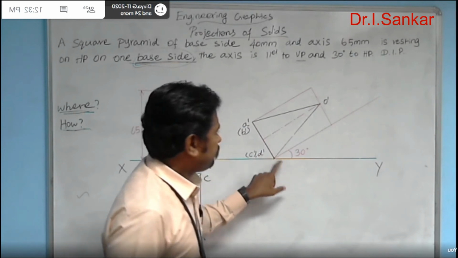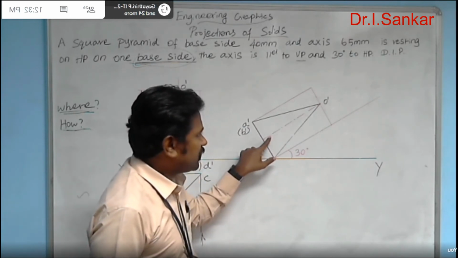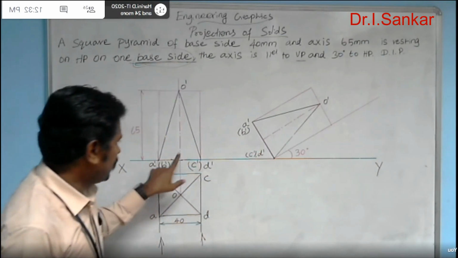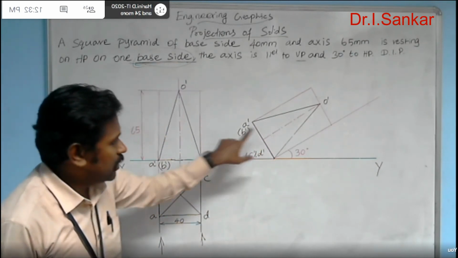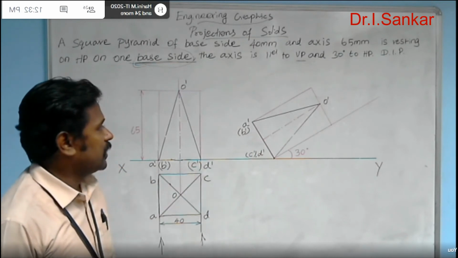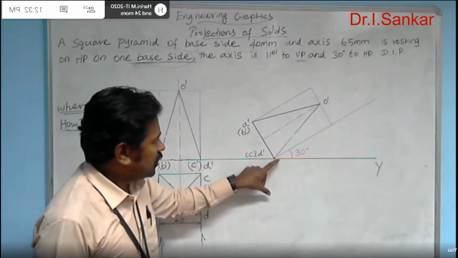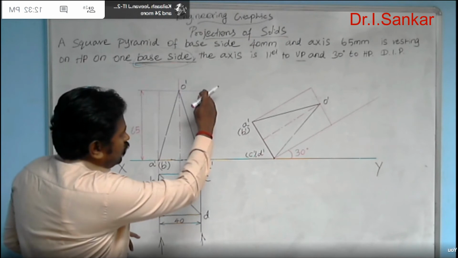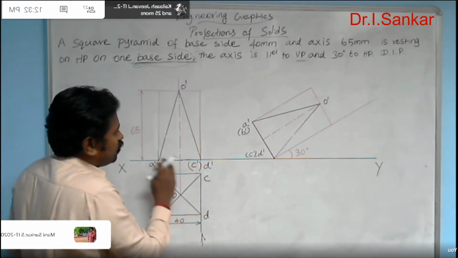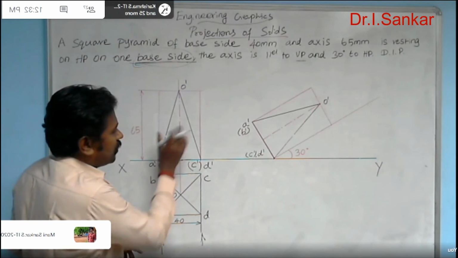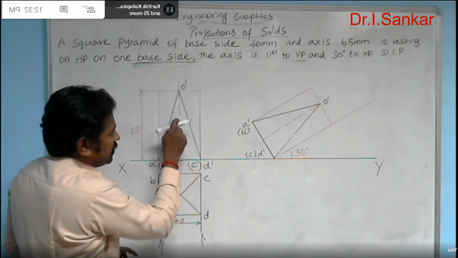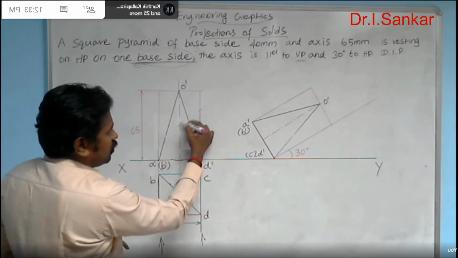See here, now the axis has become 30 degrees inclined to HP. Here the axis was perpendicular to HP, but now the axis is inclined at 30 degrees to HP. The same you can verify because the outermost boundary of the box which is enclosed to the object is parallel to the axis line. See, this line is parallel to the axis.